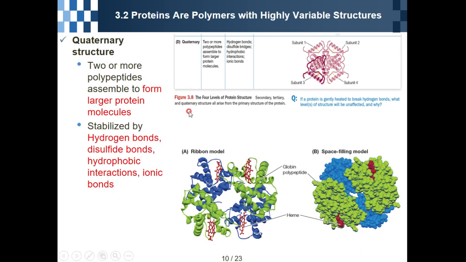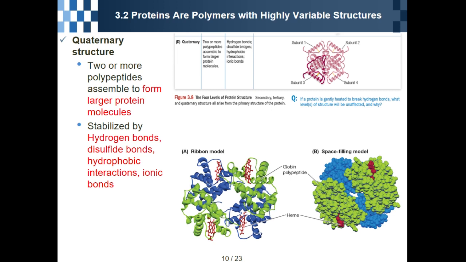Okay, the final structure is a quaternary structure. This is the hemoglobin structure. They have 2 alpha and 2 beta. So quaternary structure means that 2 or more polypeptides assemble. 2 or more polypeptides means that 2 or more tertiary structures assemble.